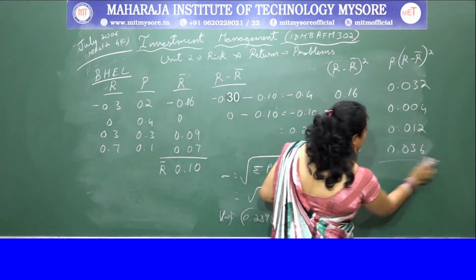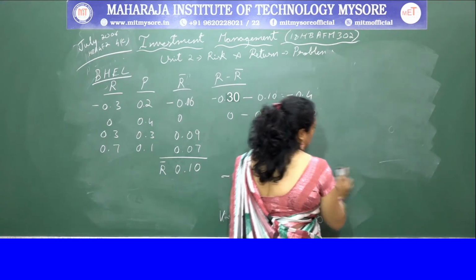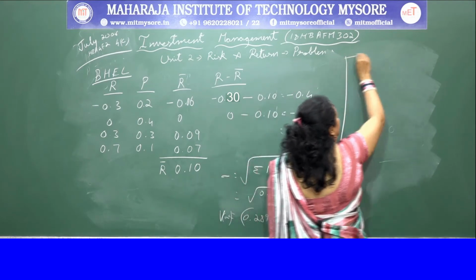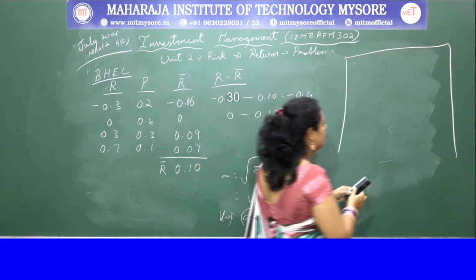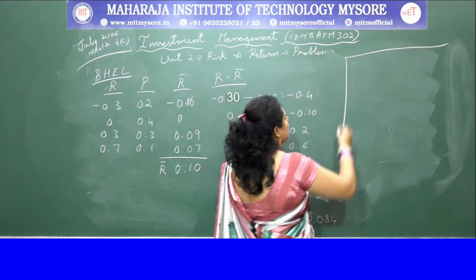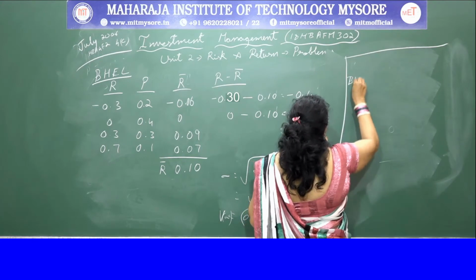So what I'll do is I'll clear out one side of the board and I'll put the table form. Hope it is visible for you all. I will not put the end line so that if you want an extension we can draw. So first we have calculated Bemel company.